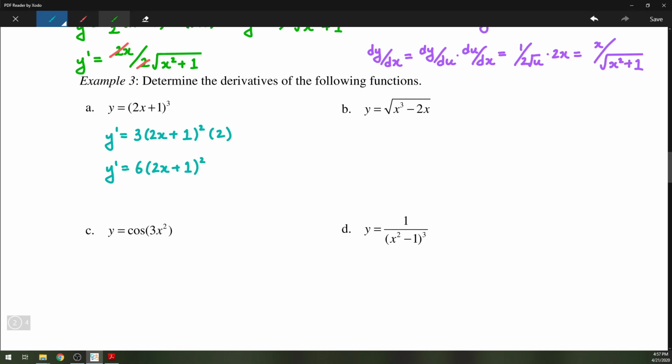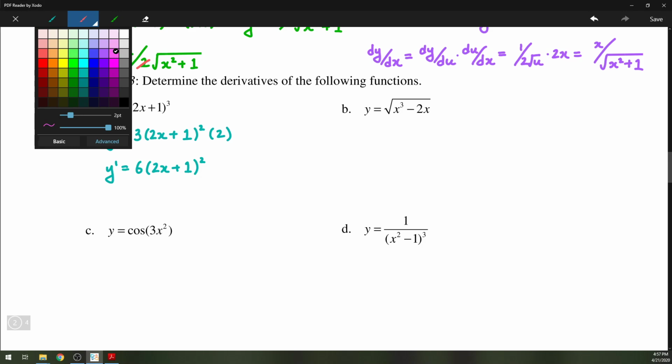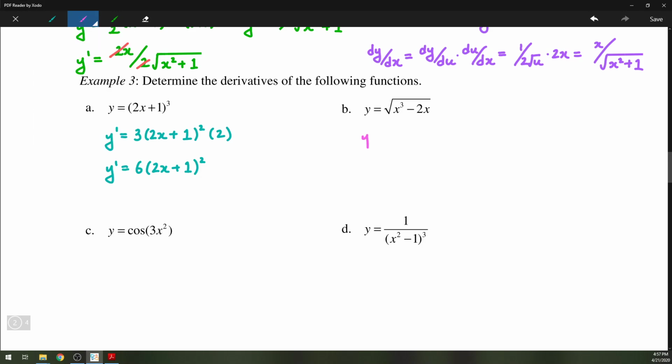Next one, we are looking at y prime is equal to 1 over 2 times the square root of x cubed minus 2x.